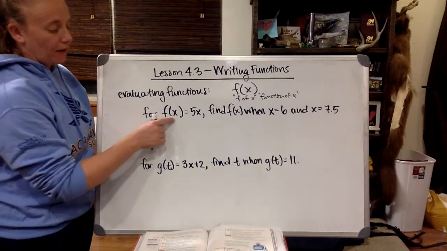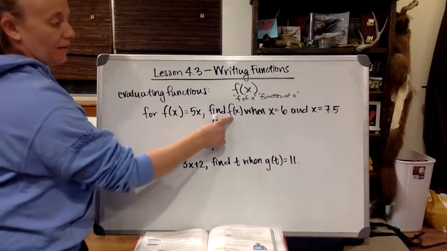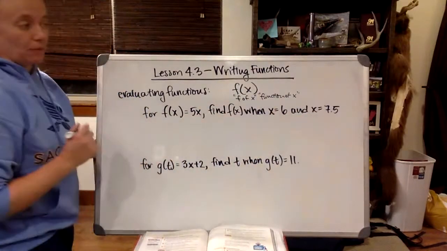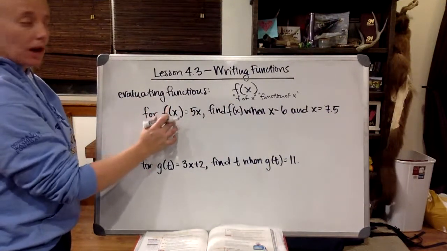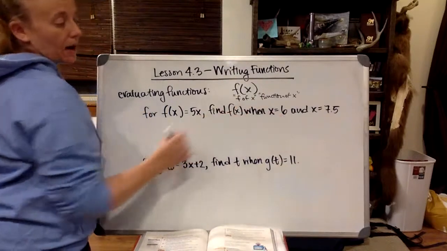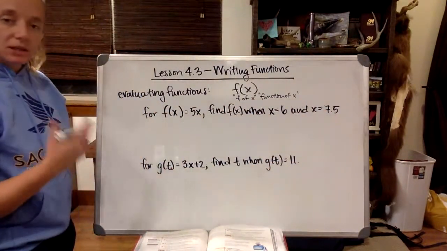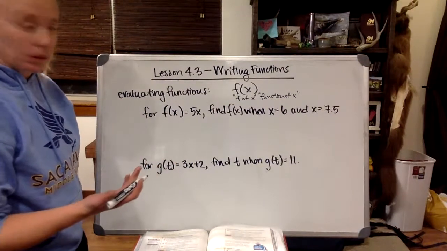So for f of x is equal to 5x, we need to find f of x when x is equal to 6 and when x is equal to 7.5. Essentially, wherever I see an x in this function, I am going to put a 6 in there, and whenever I see an x in this function, I'll put a 7.5 in there. And I'm going to solve both of those different scenarios to find out what the corresponding output is.